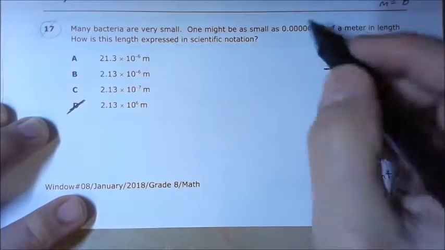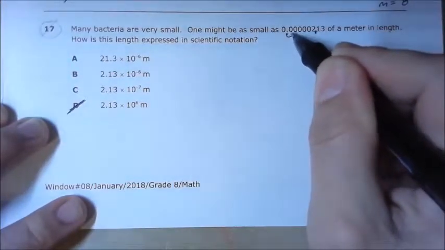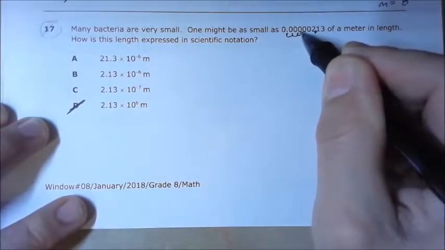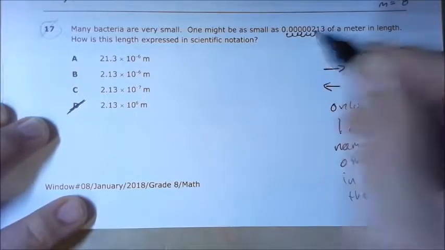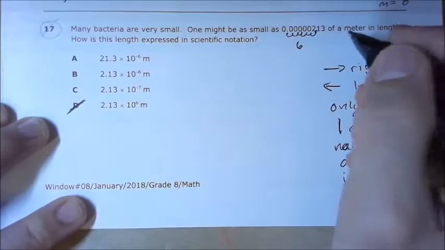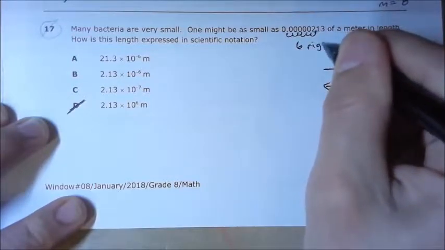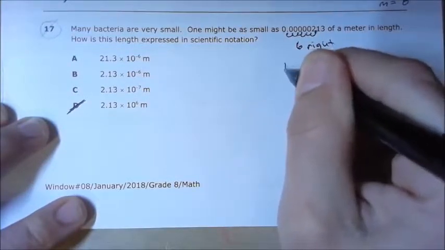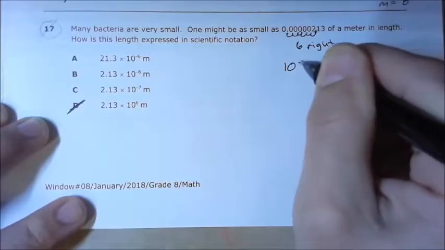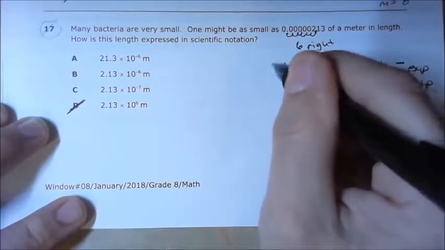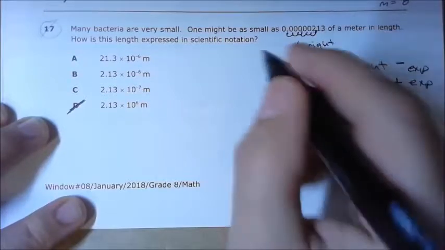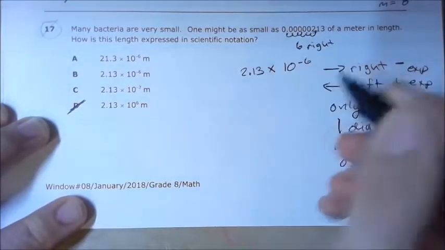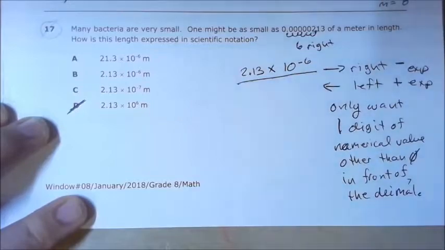So let's see how many times we're going to move it. We're going to go 1, 2, 3, 4, 5, 6. So we moved 6 times right. That means my power is going to be 10 to the negative 6 power, and then I'm going to have that multiplied to 2.13. And that's all we do to change it to scientific notation.